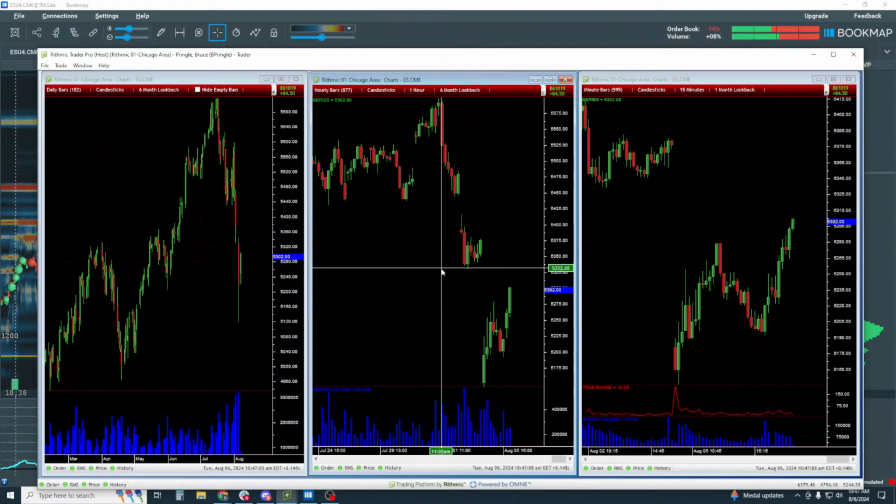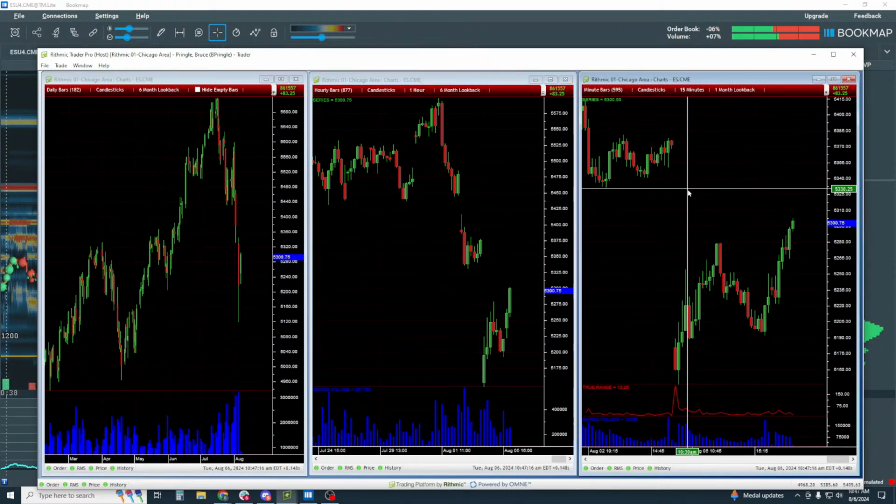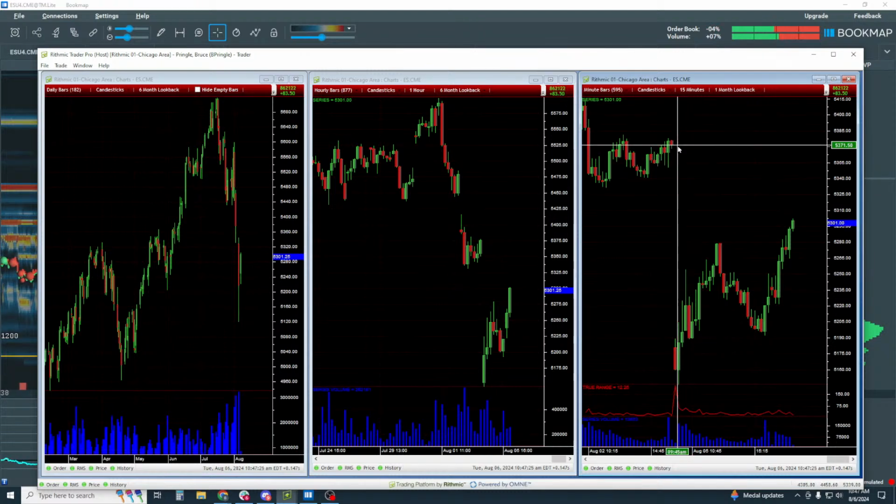Next level, at least technically here, would be up around this 32 on the S&P. Okay, so we're looking up here on the 15-minute chart around 32 up here, 332. Now a full gap fill would be up here, at least from the data I have, up at 71.5 or so.